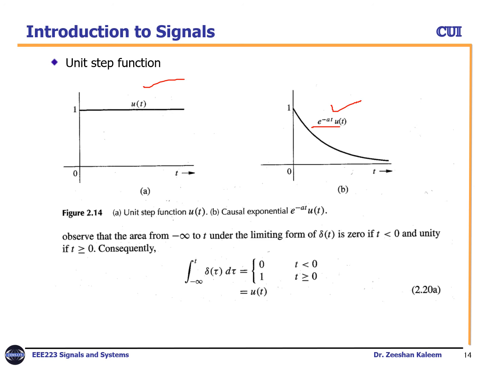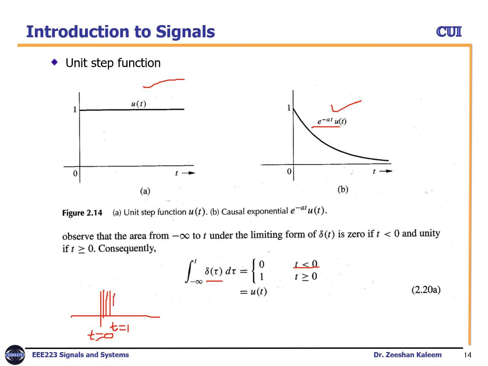The other thing is that if we combine the impulse functions from minus infinity to t, it will give you 0 for t less than 0, and for t greater than or equal to 0 it will give 1. For example, when t equals 0, the impulse is 1, right? When t equals 1, the impulse is also 1, right? This is discrete, but if we take a continuous one, for every point there will be an impulse.